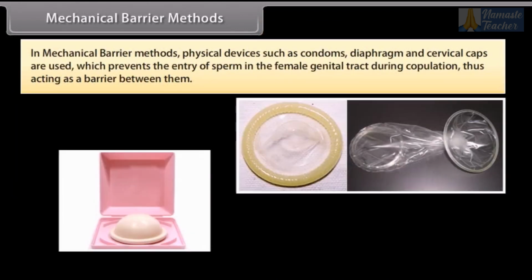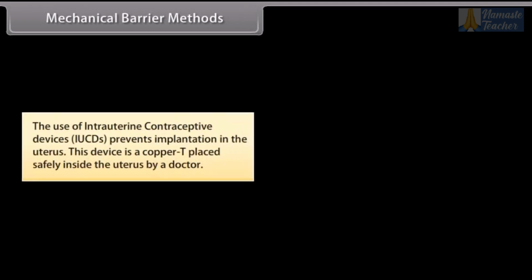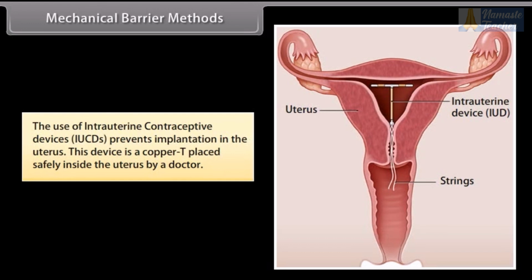In mechanical barrier methods, physical devices such as condoms, diaphragm, and cervical caps are used, which prevent the entry of sperm in the female genital tract during copulation, thus acting as a barrier between them. The use of intrauterine contraceptive devices, IUCDs, prevents implantation in the uterus. This device is a copper T placed safely inside the uterus by a doctor.